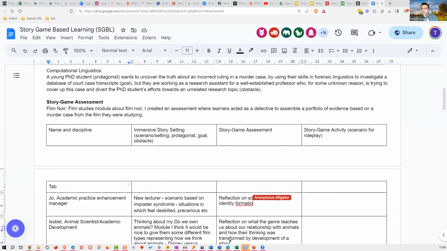But hopefully, some of you will be able to make it to that. Yeah, that was my question. It was just there was a really cool session on using story game based learning to teach film history. So I thought it might be something you'd be interested in. I've got my notes if you want to have a look at them. Yeah, I'd love to see that. Thanks, Erica. I'll try and remember to send them across. It was super interesting. It had vampires.